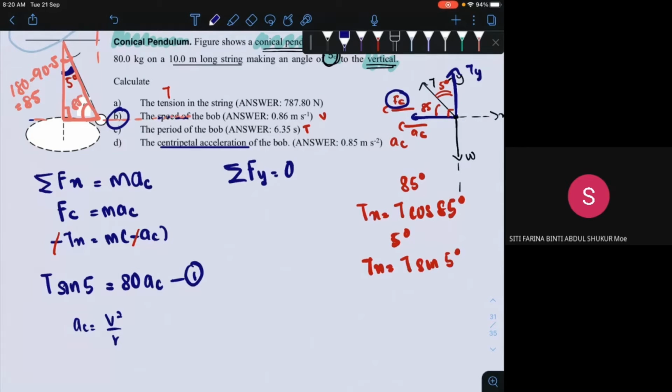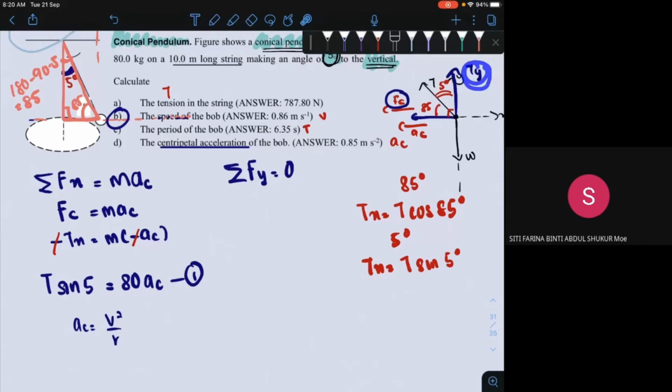Okay. Kalau kamu nak, kamu boleh cari dululah V baru kamu cari T. Tapi dia macam tak ikut kedudukan soalan. Soalan minta T dulu baru soalan minta V. So untuk itu saya akan guna Y component saya. Why am I using my Y component here is because I also have tension along Y-axis.